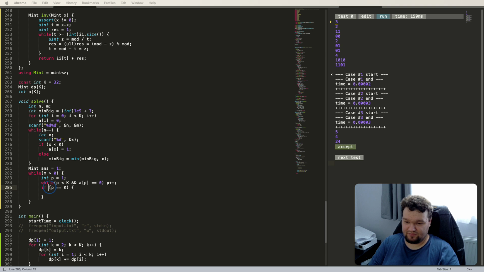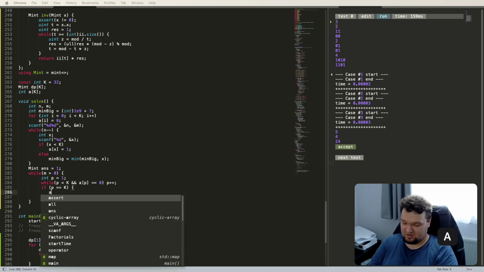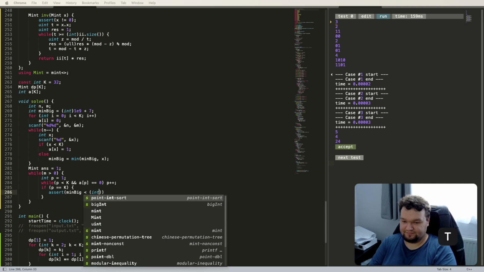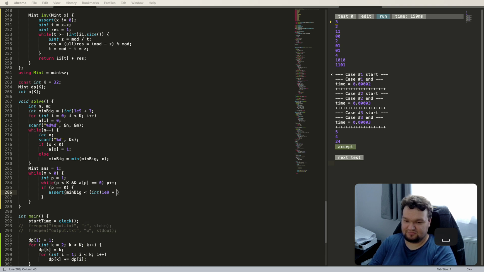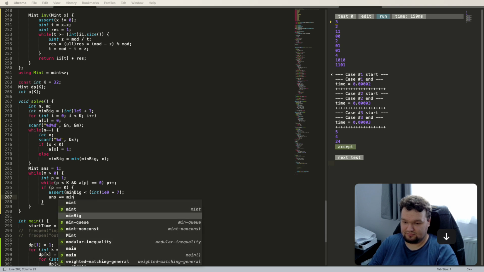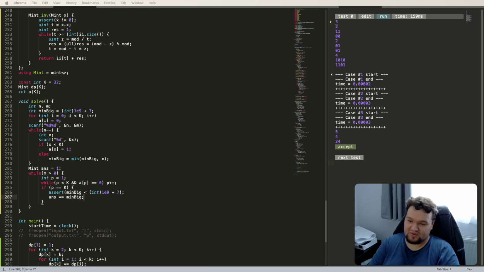So if p is equal to k, it means that we have cleaned the small numbers and we need to use the big one. Sort big, it's not inf. Multiply by that number, because that's how the operation is going.